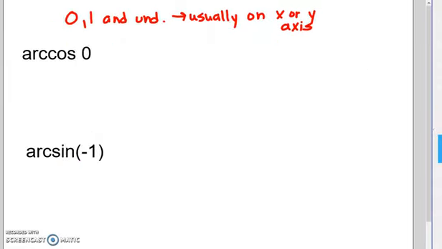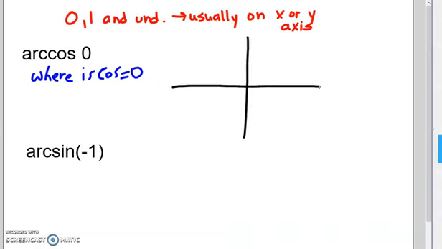Let's do a couple more with ones that end up in 0, 1, or undefined. Those are going to be ones on the x or y axis. So arc cosine of 0. We can't really build a ratio from this one, but where is cosine equal to 0? The best way really is just to draw the axes out, and we've got our unit circle.